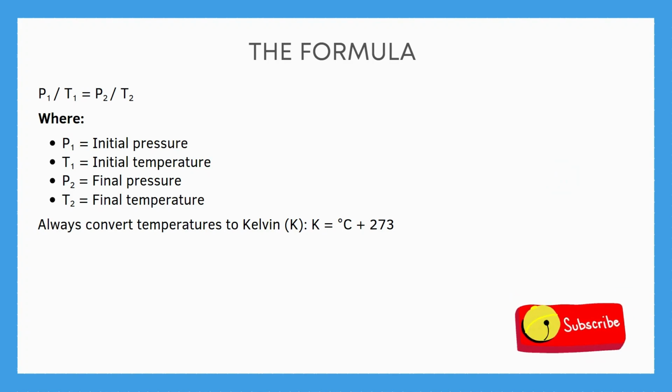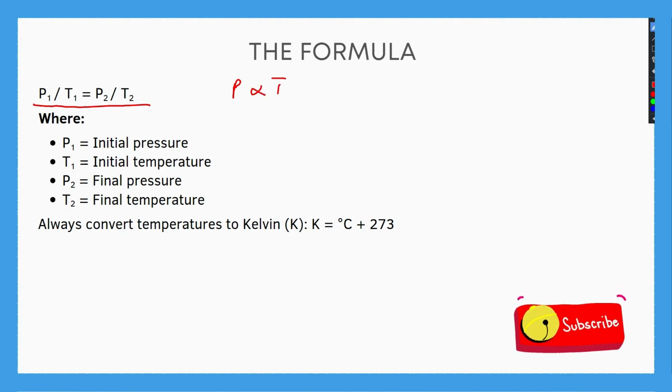They feel firmer. So that brings us to the formula for the Gay-Lussac's law. The formula states that P1 divided by T1 is equal to P2 over T2. You saw how we derived it. The law states that the pressure of a gas is directly proportional to its temperature. So when we introduced a constant to change this proportionality sign to an equality sign, it became P is equal to KT.